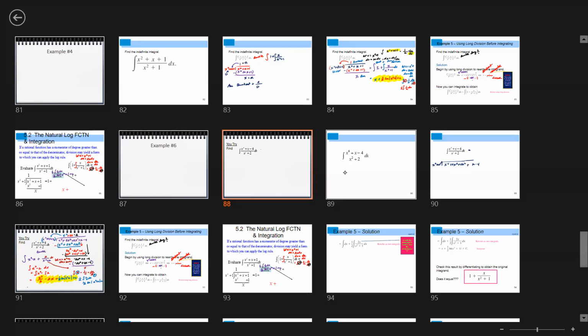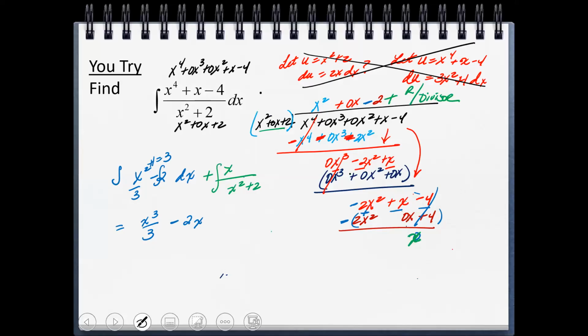And so that's okay because this is not going to be that difficult. You just have to go ahead and use a simple little u sub, and I promise you it's not going to be too painful. So we're just going to say let u be x squared plus 2. Then you're going to do the du, which is going to be 2x dx, okay?